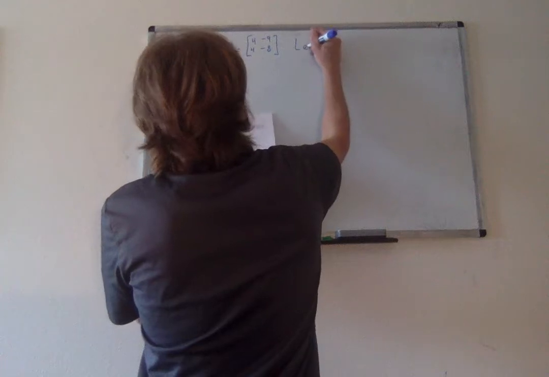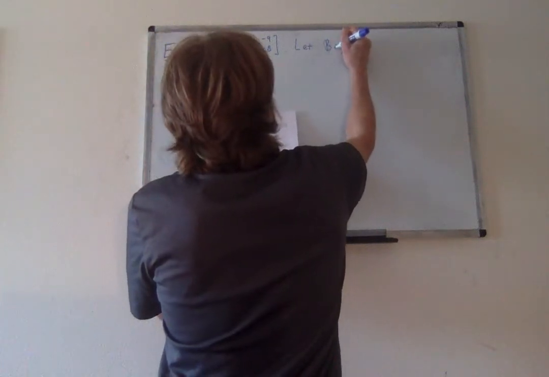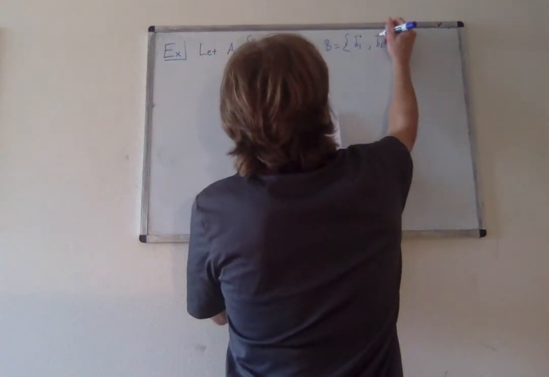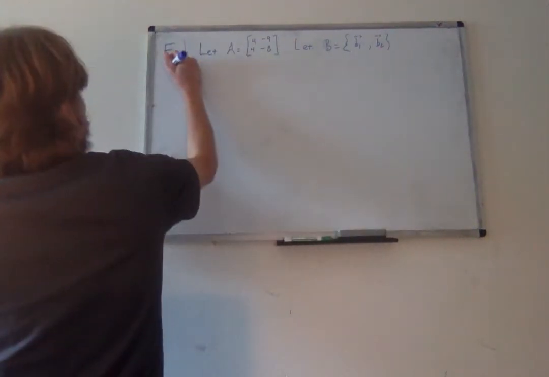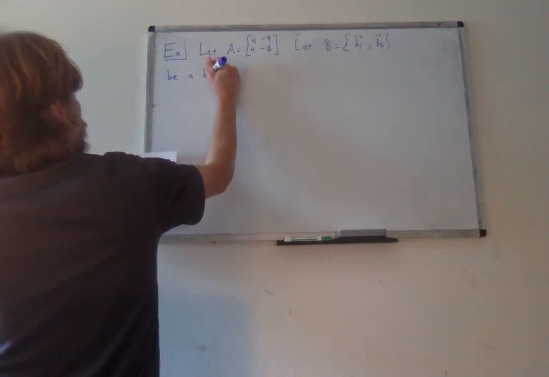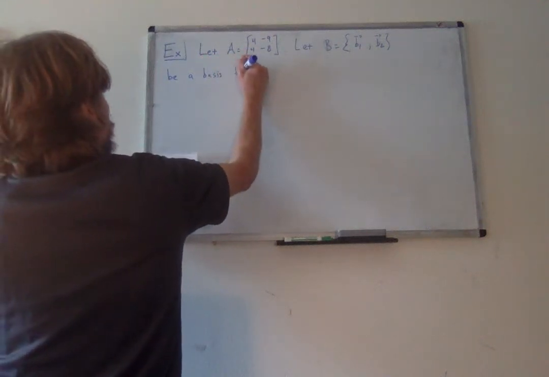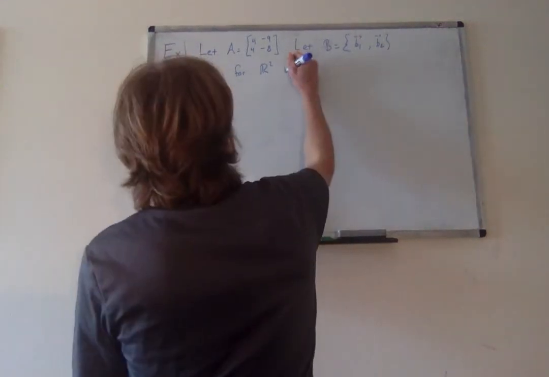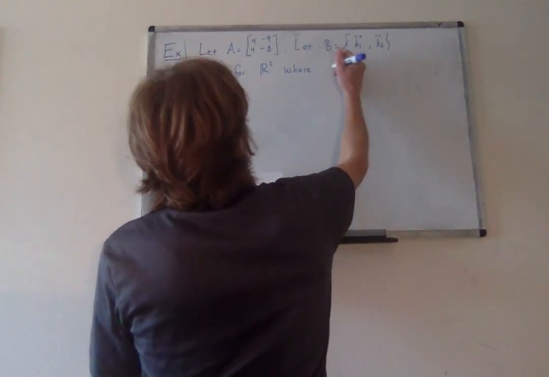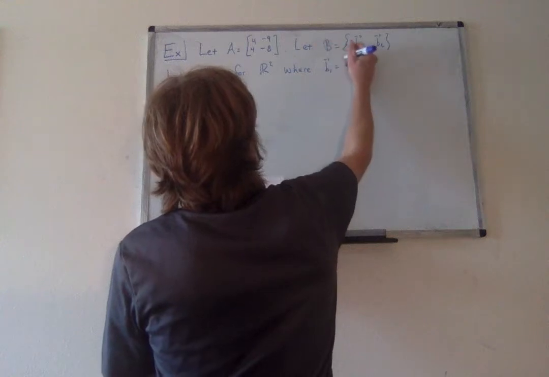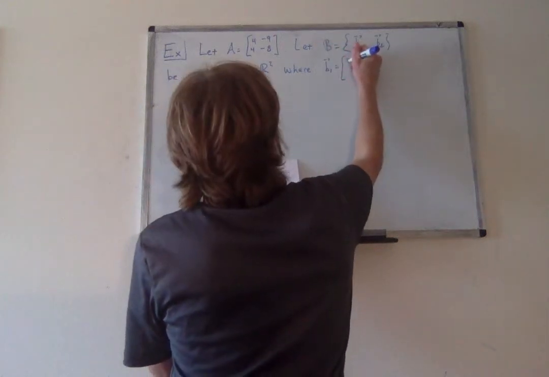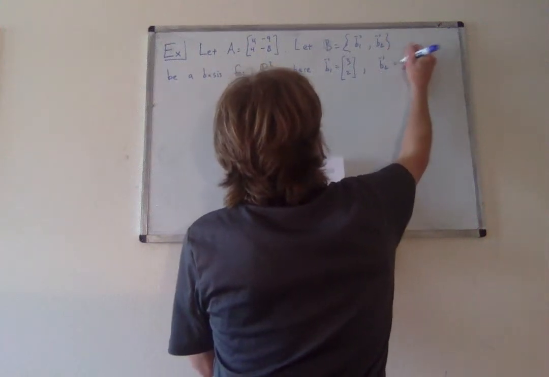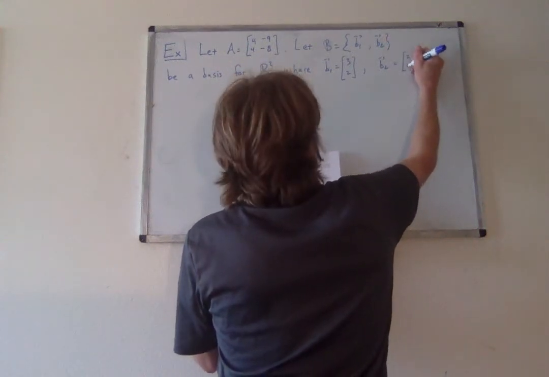And then we're going to let B be a basis for R2, where b1 is equal to the vector (3, 2) and b2 is equal to the vector (2, 1).